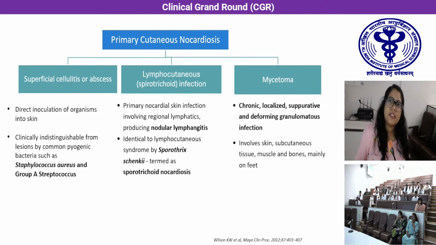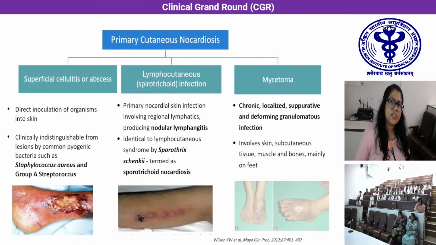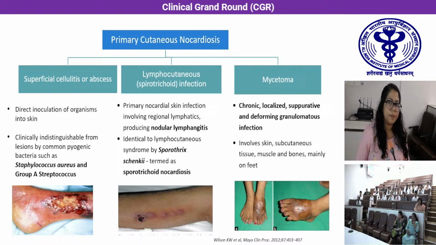So primary cutaneous nocardiosis can present as either superficial cellulitis or abscess, which occur due to direct inoculation of the organism into the skin. This will be clinically indistinguishable from lesions caused by other pathogenic bacteria such as Staphylococcus aureus or group A streptococcus. In lymphocutaneous infection, the primary nocardial skin infection later goes on to involve the lymphatics and produce nodular lymphangitis.